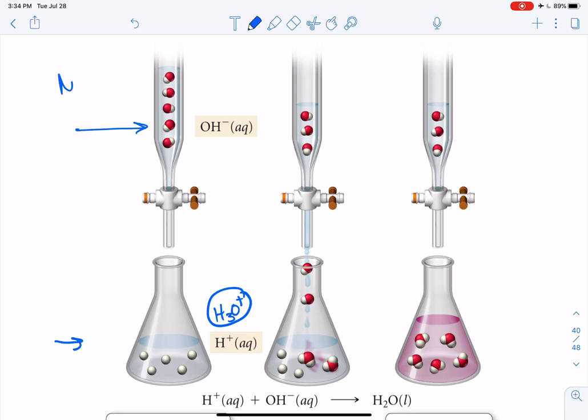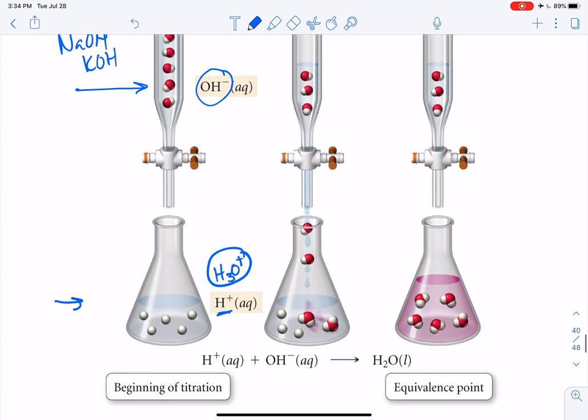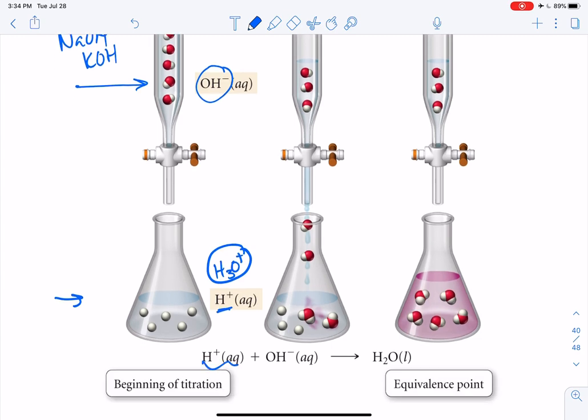Now, it doesn't matter if you have sodium hydroxide or potassium hydroxide or one of the other bases that has hydroxide in it. What we're interested in is the hydroxide part of it, because the hydroxide is going to react with the H plus to make water, which is the reaction right here, okay?